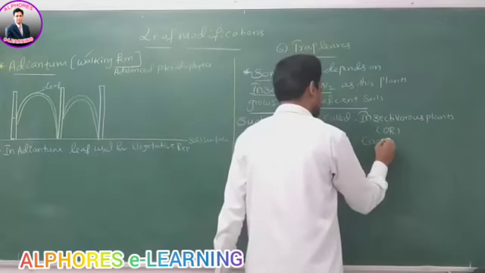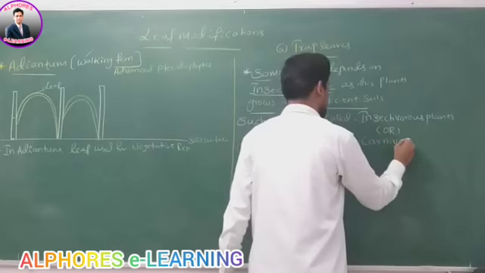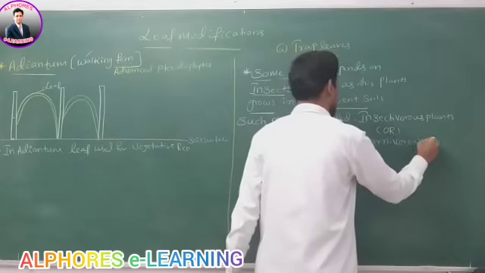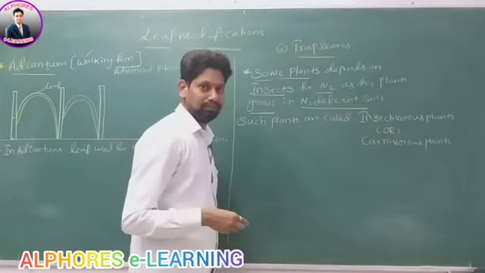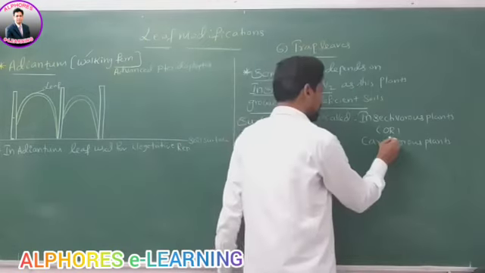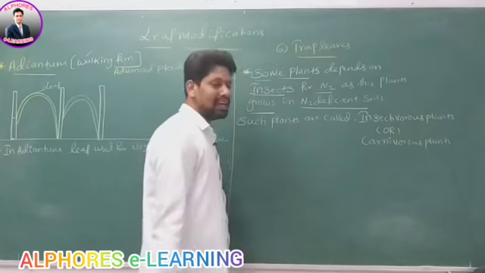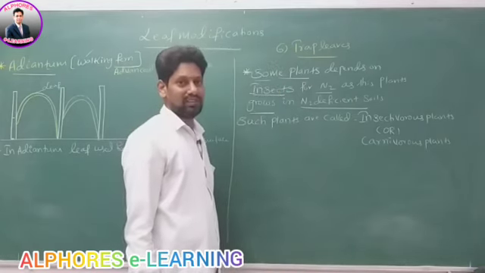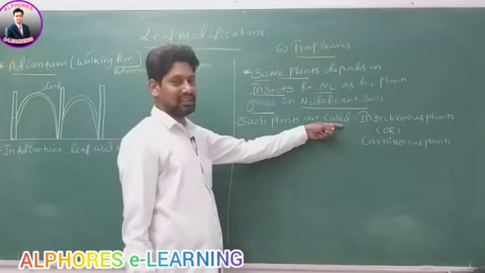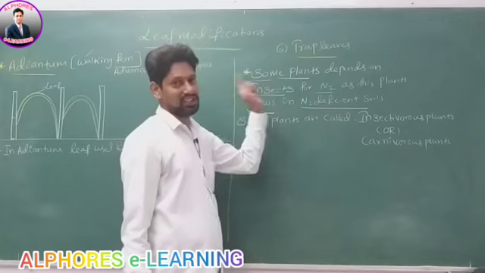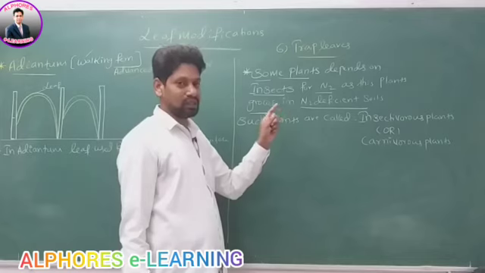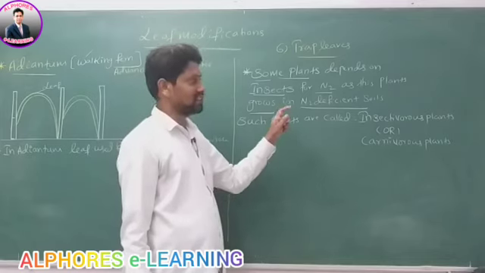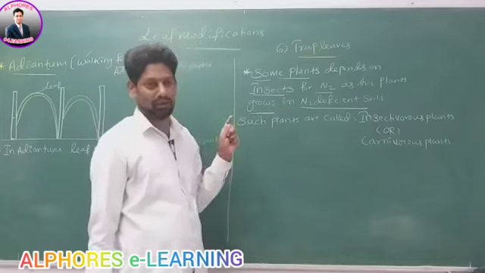Carnivorous plants. Insectivorous plants are growing in nitrogen deficient soils, so they are extracting the nitrogen from insects. So we are calling them insectivorous plants or carnivorous plants.